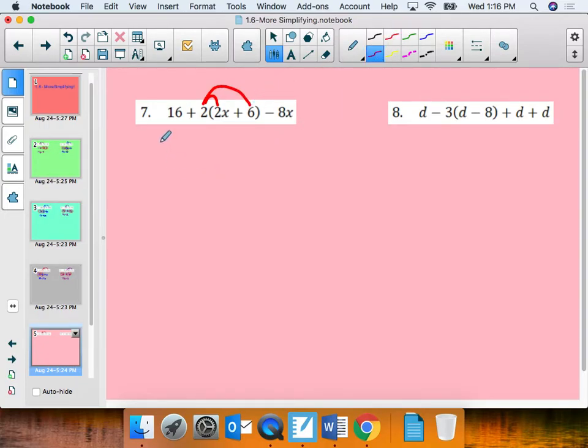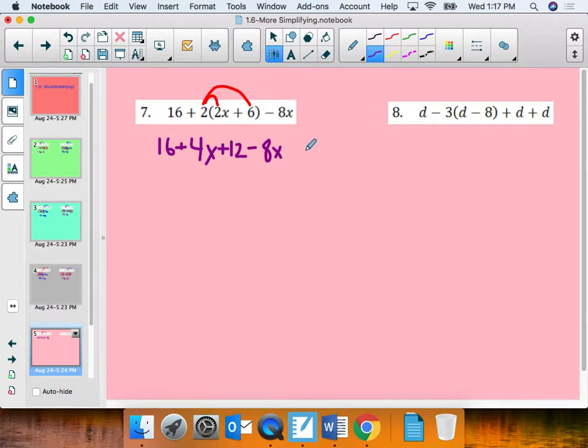So the 16 in the beginning is not a part of the distribution, so that'll stay 16. 2 times 2x is going to give us positive 4x. And then we have 2 times 6, which is going to give us a positive 12. And then we have this minus 8x on the end, which is going to stay the same because it was not a part of the distribution.